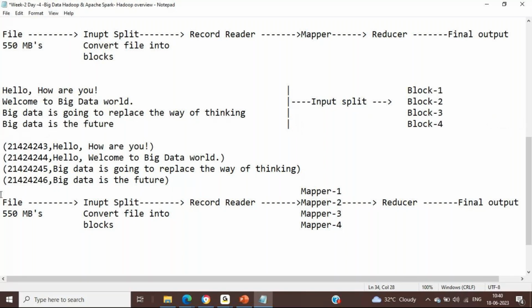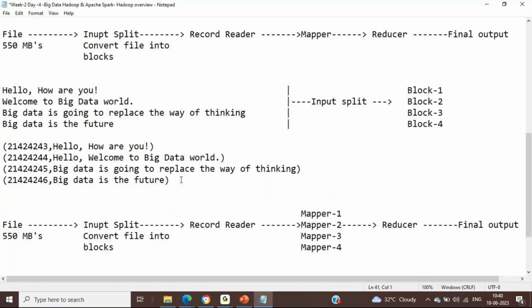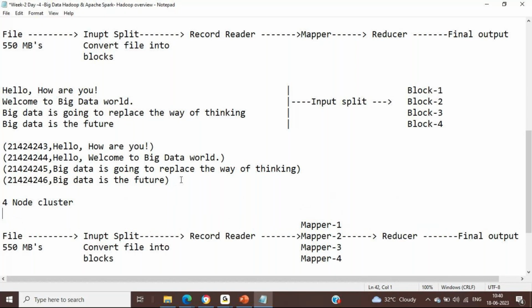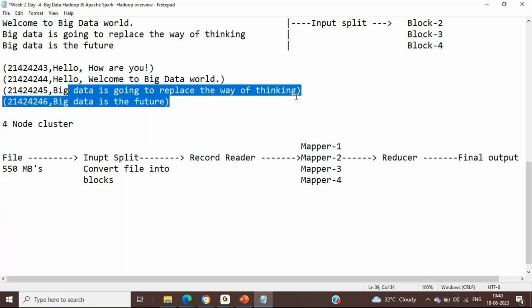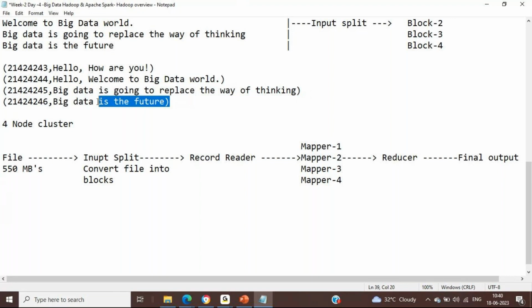So we were having a 4 node cluster, and the splitting has been done, and each and every block is given to one mapper. One mapper, you can say one machine. Machine 1 will work on this block, machine 2 will work on this block, machine 3 will work on this block, and machine 4 will work on this block. Whatever the function, whatever the logic I'm going to give, these machines will work on our logic.